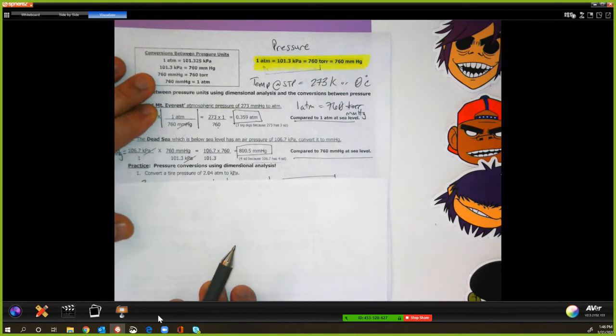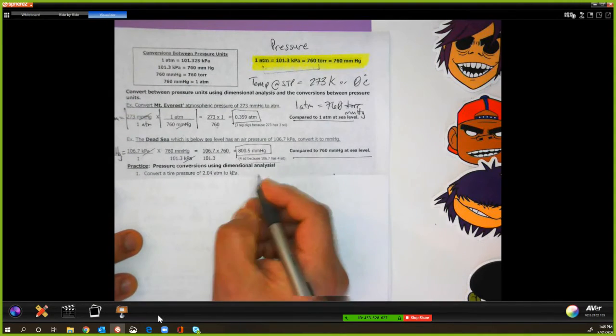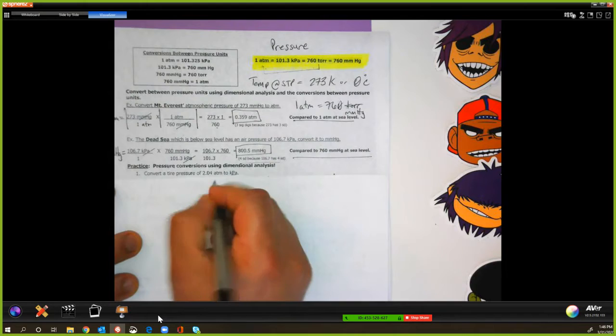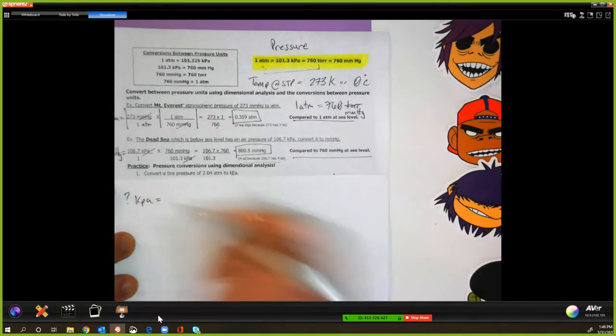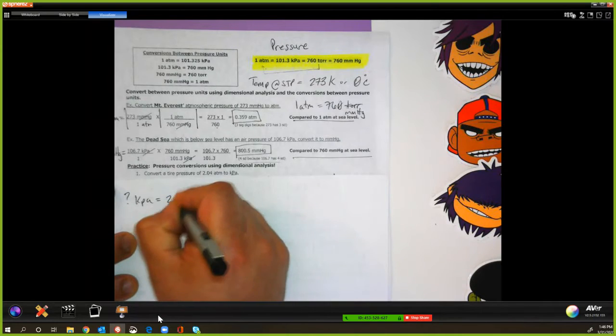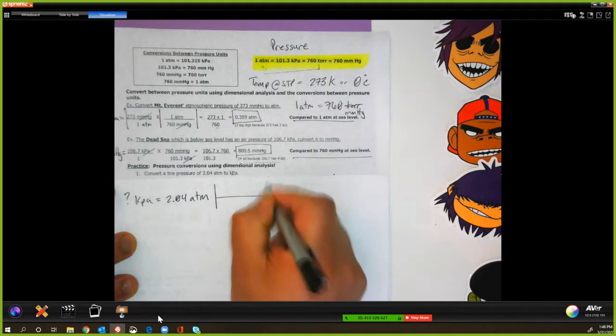All right, so let's just work this one, okay? So convert a tire pressure of 2.04 atmospheres to kilopascals. So they want how many kilopascals are in 2.04 atmospheres, right?